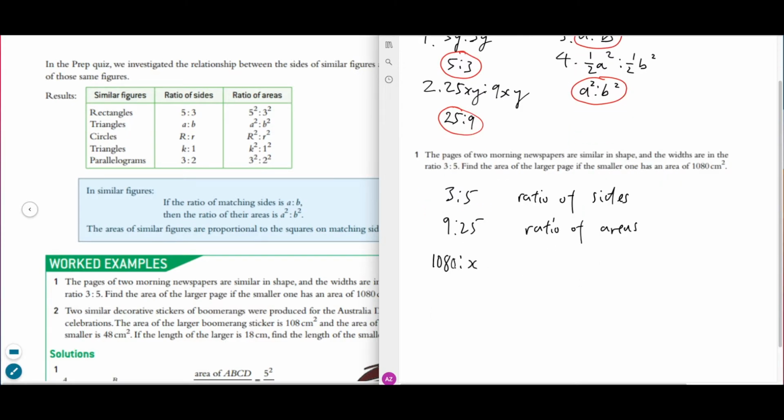To find x, there are a few ways you can do it. I recommend the cross method, which is very straightforward. You just have to do 1080 times 25 divided by 9. Let's work it out. x equals 1080 times 25 divided by 9.